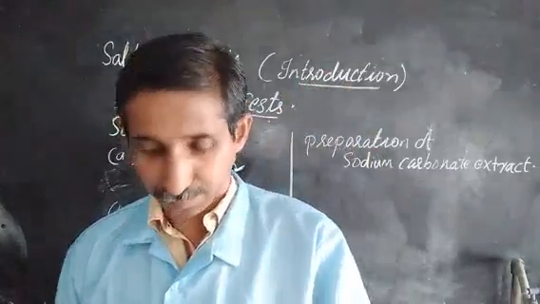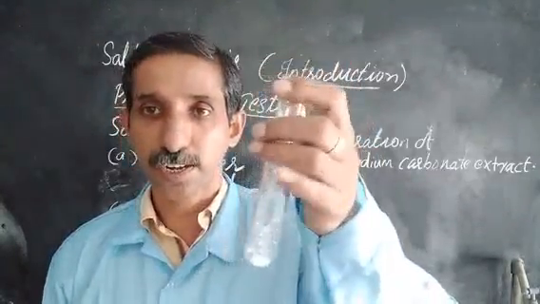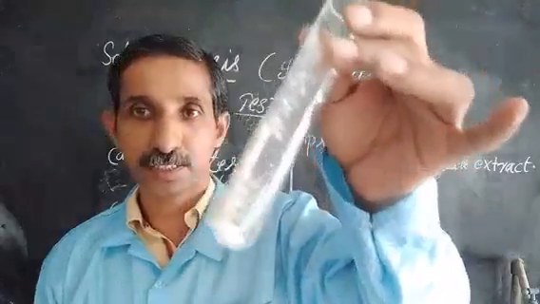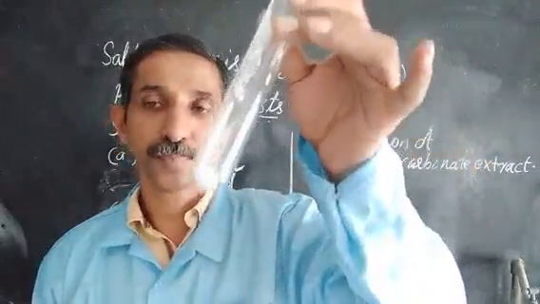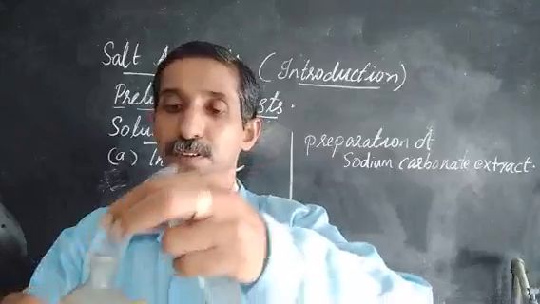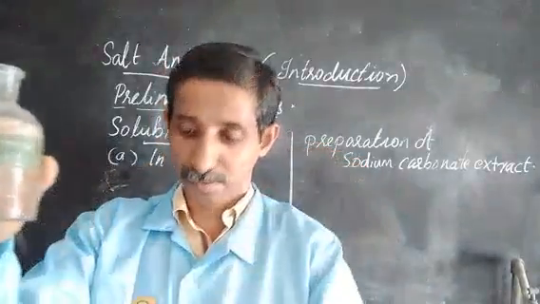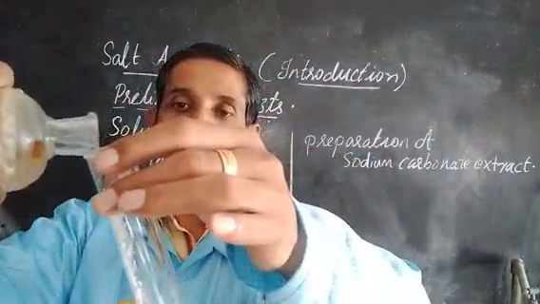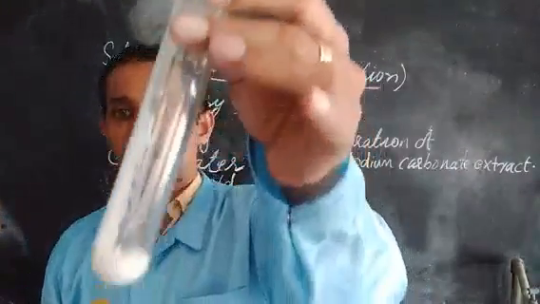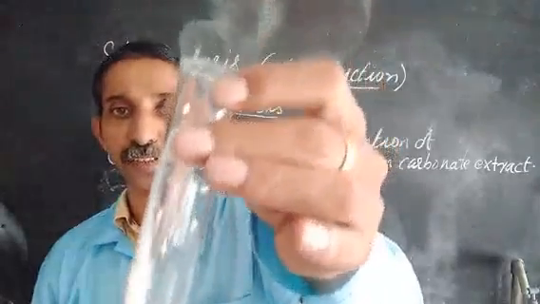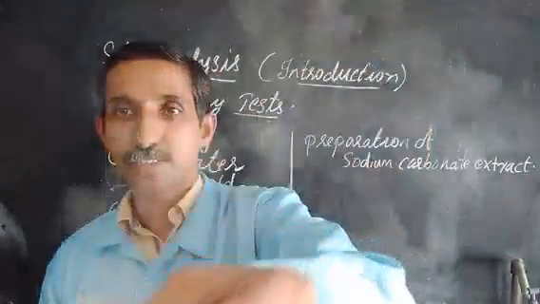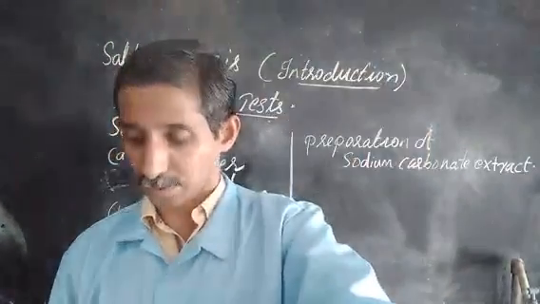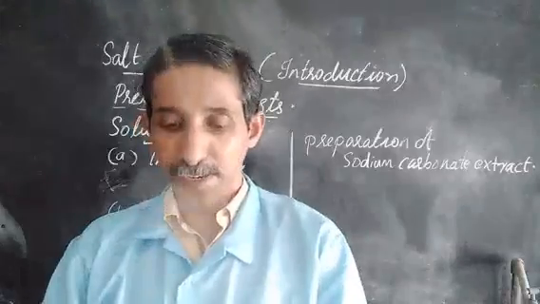Okay, then in your concentrated acid group, again you have taken salt in another boiling tube. Okay, and here you have concentrated sulfuric acid, which is to be added into it, and you can see an immediate reaction. Okay, you can see the fumes produced. So these fumes produced can be indicative of an anion.